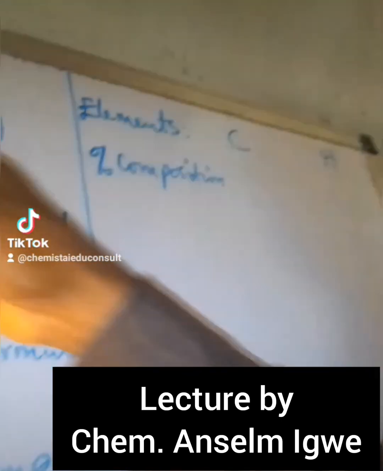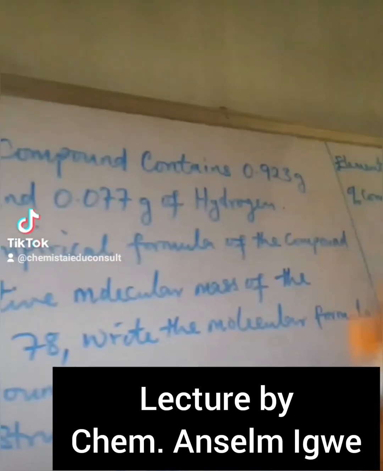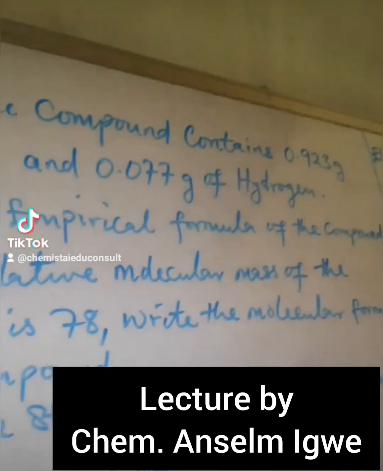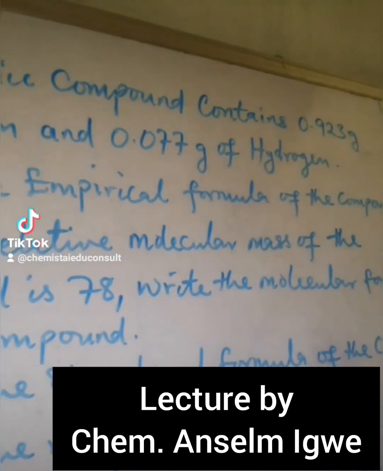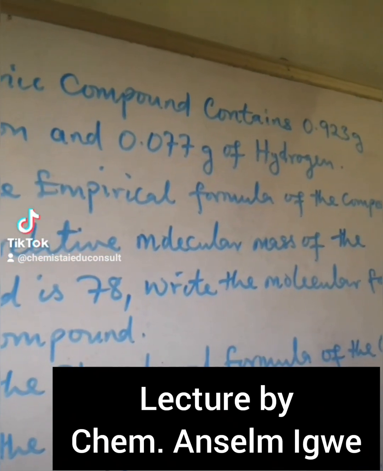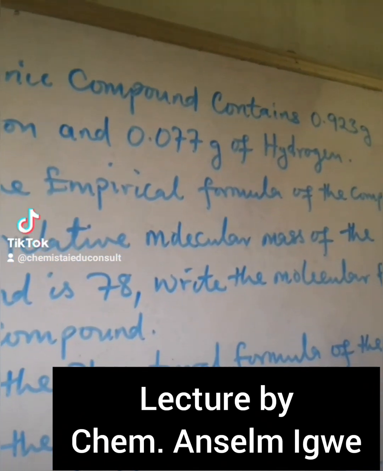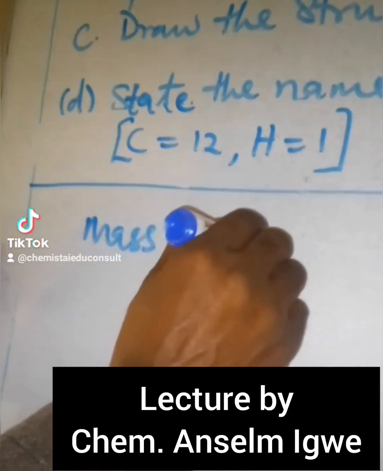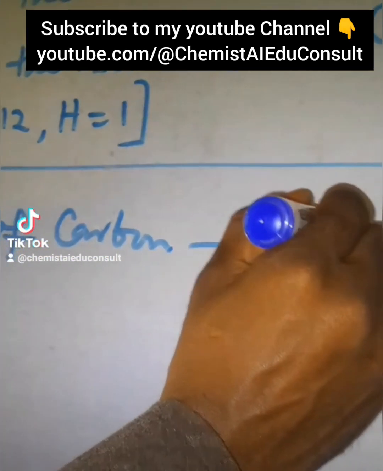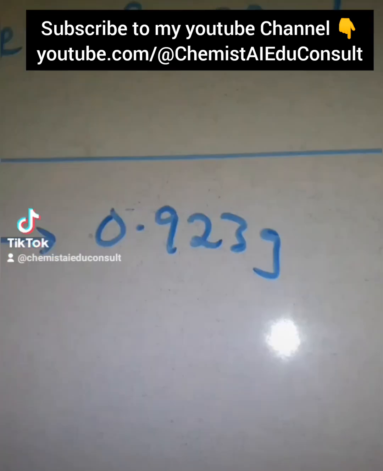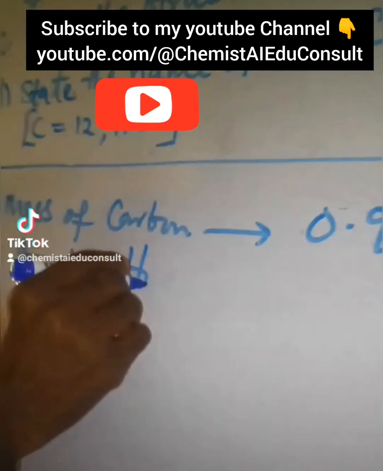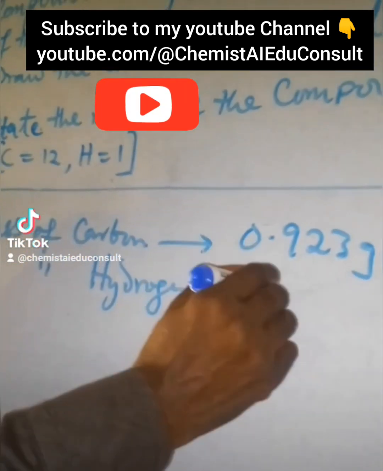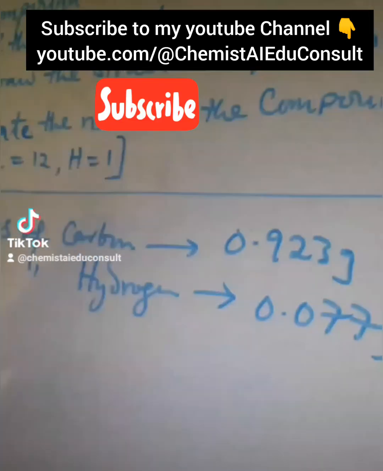Remember, in the question they didn't actually give the percentage composition of carbon and hydrogen directly, but they gave the masses in grams of carbon and hydrogen. So you are going to convert these masses to percentage. The mass of carbon was given to be 0.923 grams, and mass of hydrogen was given to be 0.077 grams.